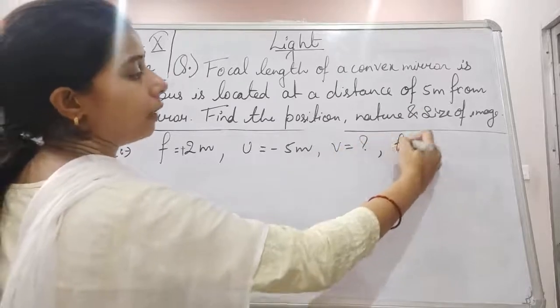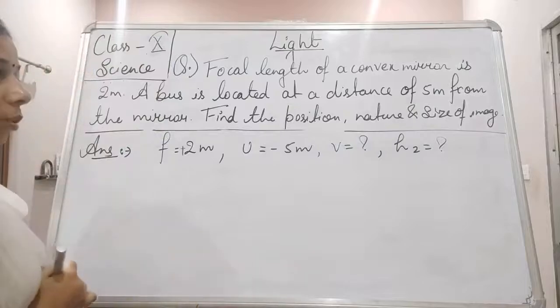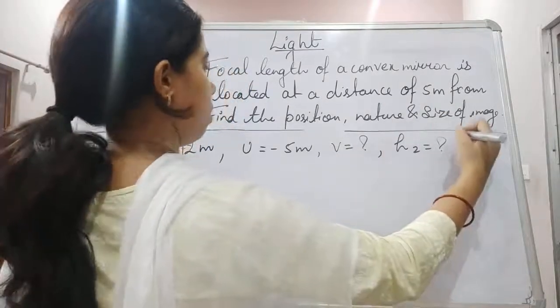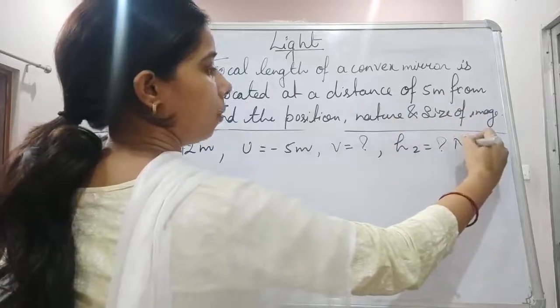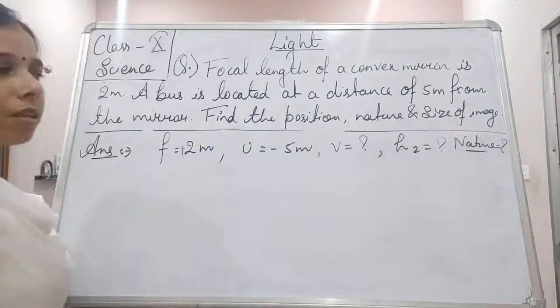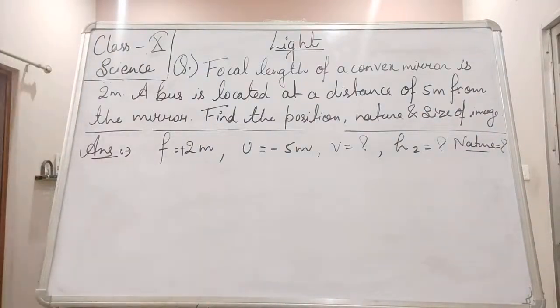We have to find h2. And also we have to find the nature of the image. Okay. So the nature of the image also. What kind of an image it is. Obviously in case of a convex mirror, it's quite easy for us to understand that it will be a virtual and erect image only. Okay. Now see here.